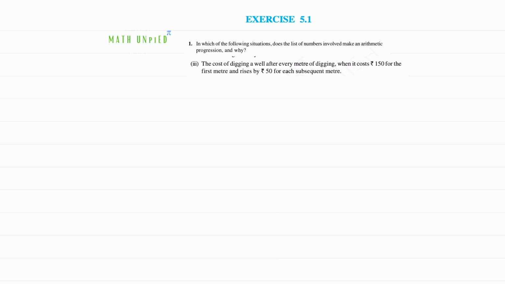The cost of digging a well after every meter of digging, when it costs rupees 150 for the first meter and rises by rupees 50 for each subsequent meter. So we can start like this. So cost of digging 1 meter equals 150 for the first 1 meter.